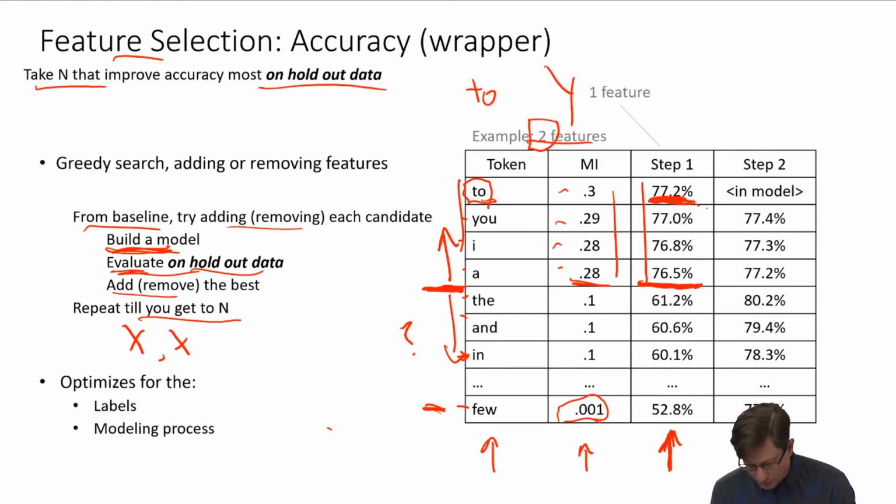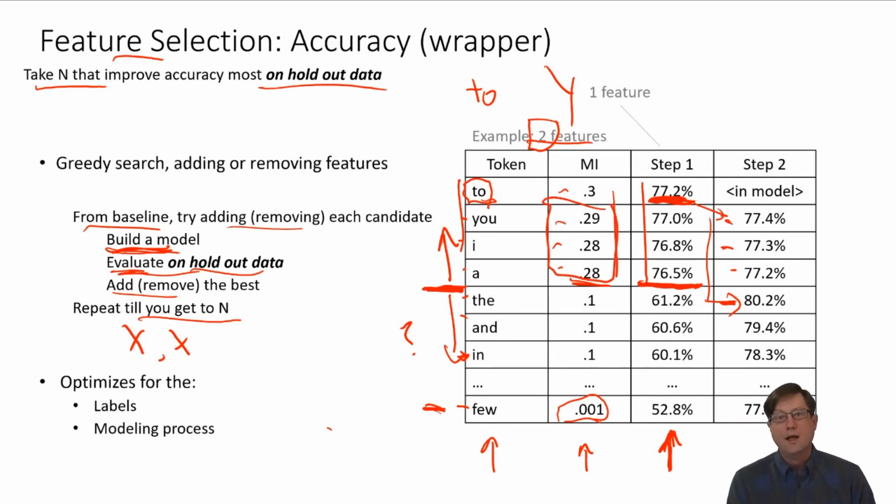Adding this next feature, it goes up to 77.4. That looks great. But then what the heck's going on? This feature down here has an 80.2% accuracy. So this feature is the best feature to take for the second step, and well better than taking one of these that were looking so good according to mutual information. And so what happened?